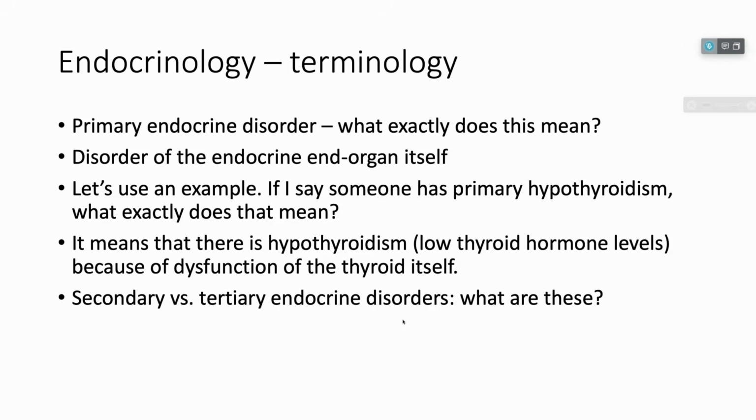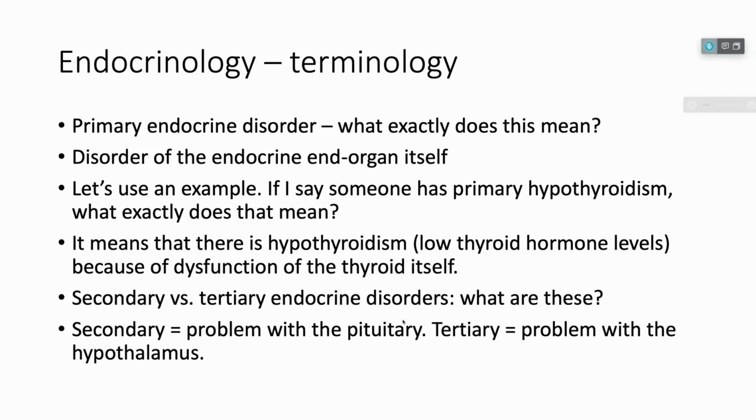So secondary refers to what? I guess it's the pituitary. In other words, the organ just upstream of the end organ itself. Right. So what would a tertiary endocrine disorder be? One step up from the pituitary, which is the hypothalamus. Yeah, exactly.